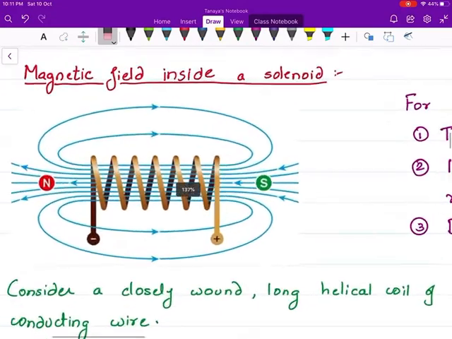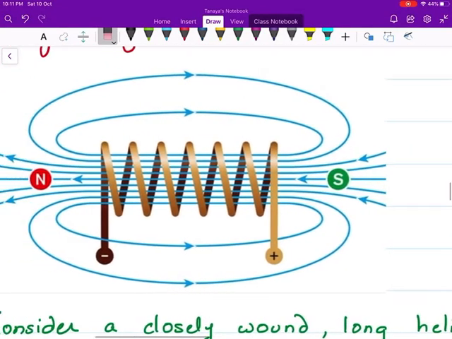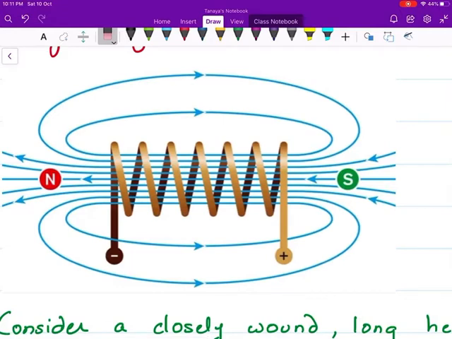Let me just explain in this case itself. So we have current flowing through this solenoid from this direction. The current is flowing like this. So if I consider this point over here, how is the current flowing? The current is flowing inside, right? So I can show it by a cross.